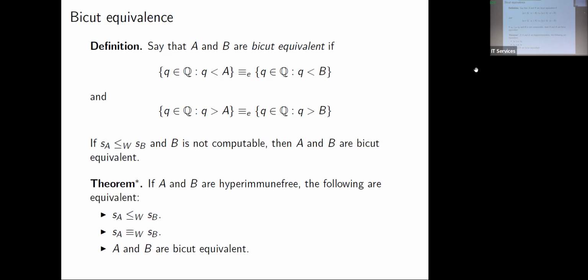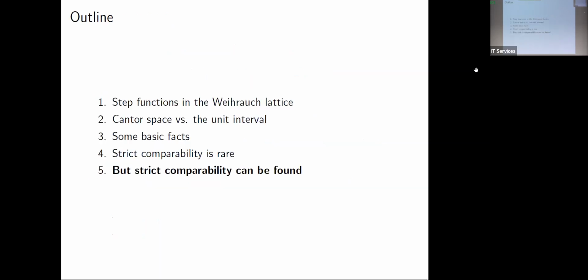All right, so far we've got a picture that really just has a lot of either A comparable to B and B comparable to A, or just no comparison between the two. So I want to finish by saying that sometimes, nevertheless, we can find strict comparability for this relation.